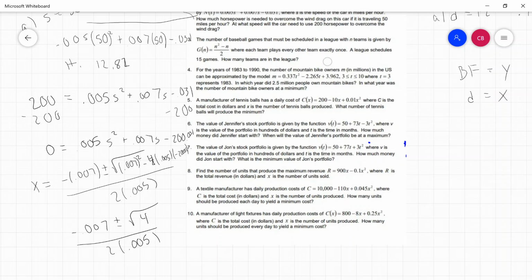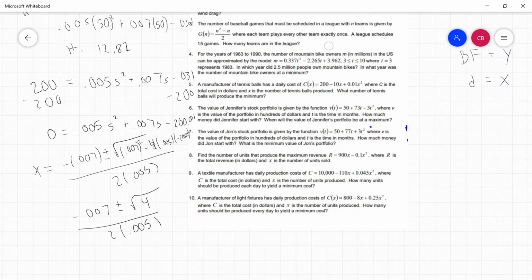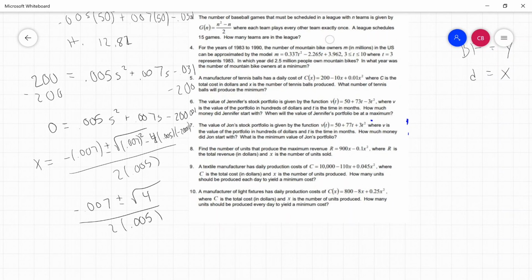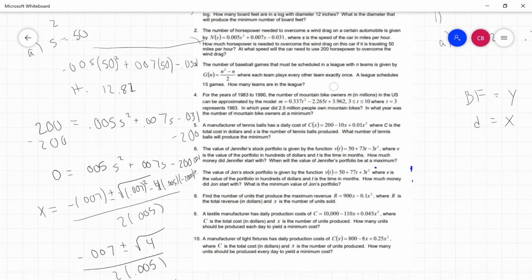And we get 200. So that would be the speed we would have to travel in order to overcome that.